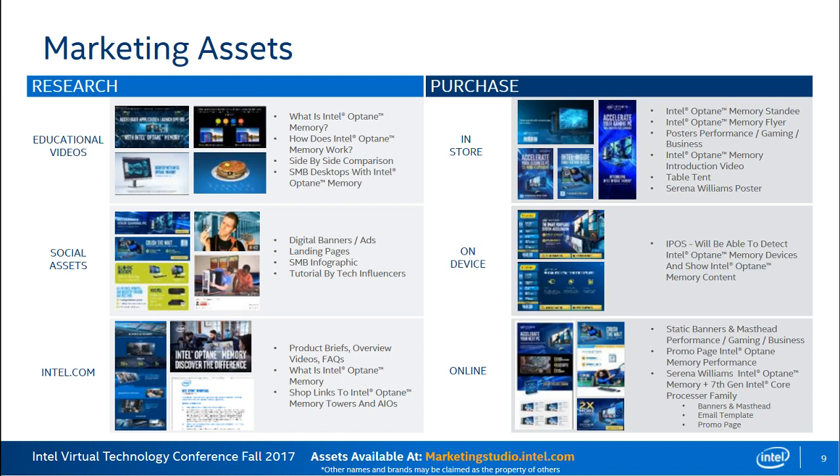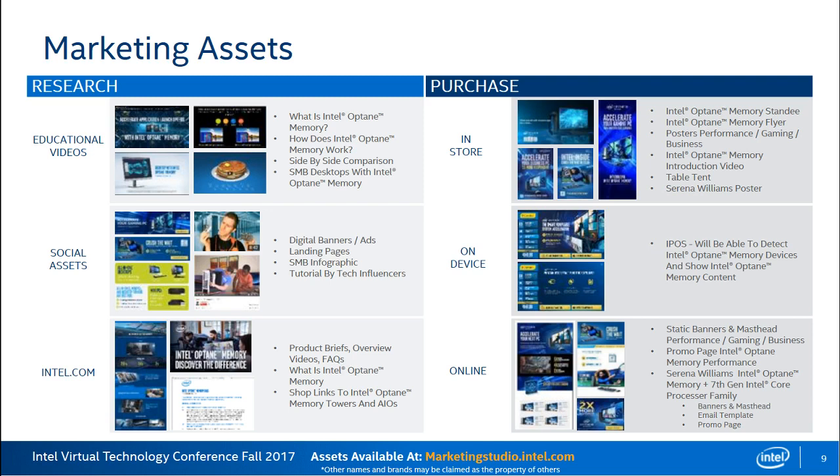On your purchase side, we have a variety of assets as well. These span in-store, which includes things like your Intel Optane memory flyers, introduction videos, and posters. On your device, we have our iPOS tool that will be able to detect Intel Optane memory devices and show Intel Optane memory content accordingly.